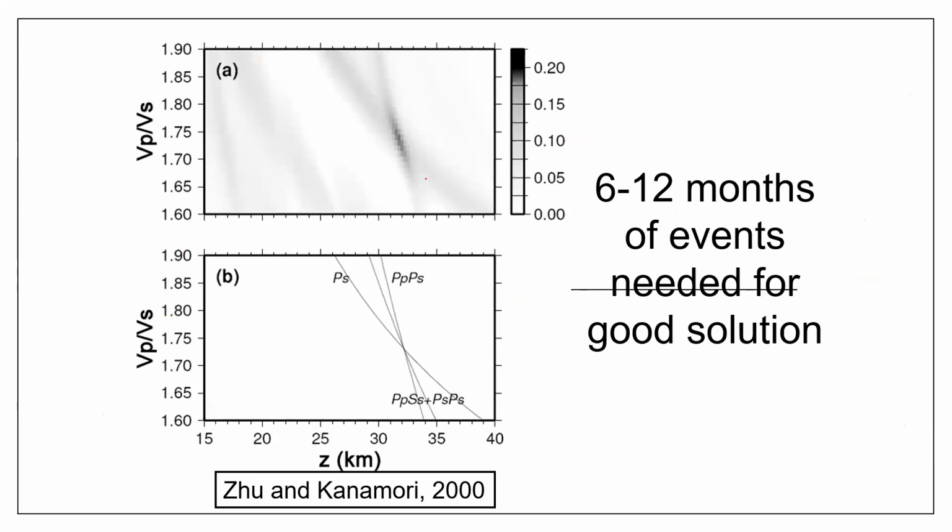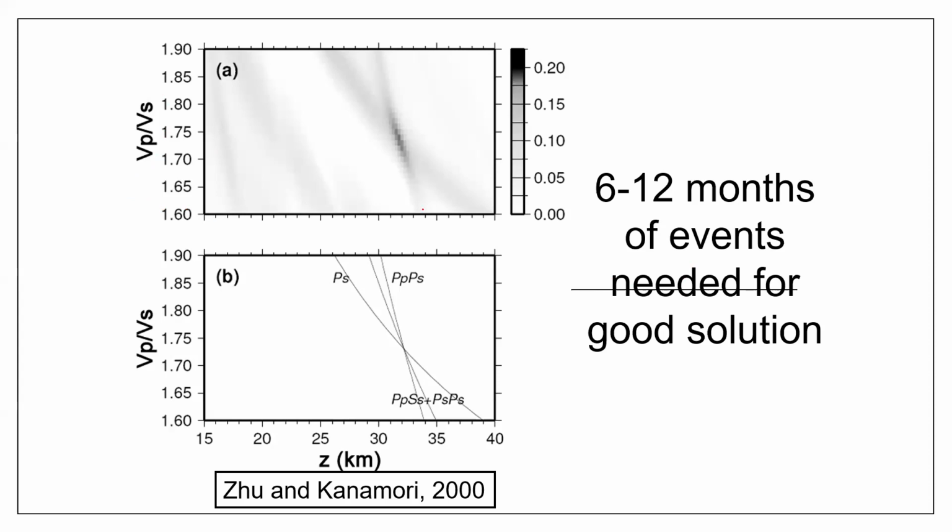This is the real data example that I have taken from Zhu and Kanamori, the paper that was published in 2000. The data is for a period of 6 to 12 months of events needed, so it is saying that a minimum of 6 to 12 months of data is needed to achieve a good solution. On the y-axis you have the Vp/Vs ratio.